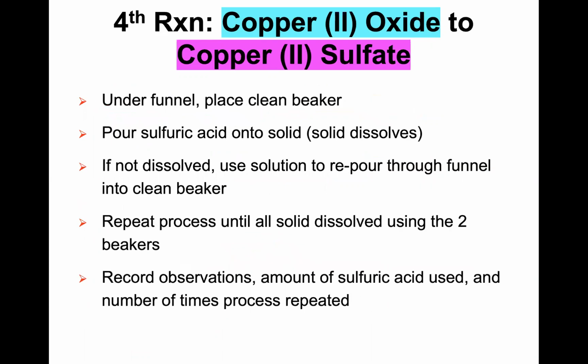For this one, remember earlier we have the funnel, right? Next, you filter that. Once you dump everything, put another flask. Let me erase those things, right? Then we put an NMR flask here at the bottom, and on top we can add the sulfuric acid to allow them to react and go through the filter, right? So you pour the sulfuric acid onto the solid, allow them to react.